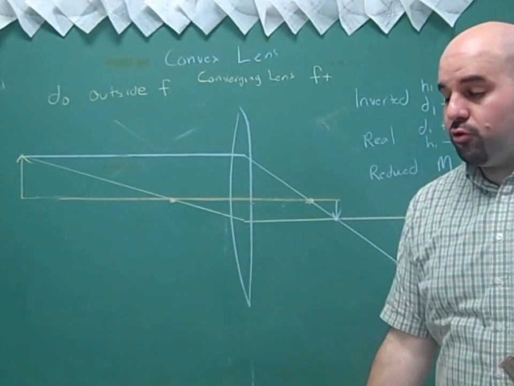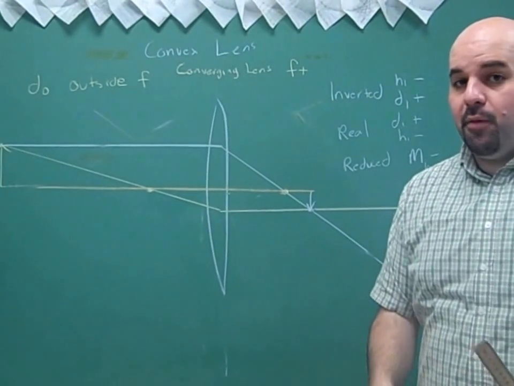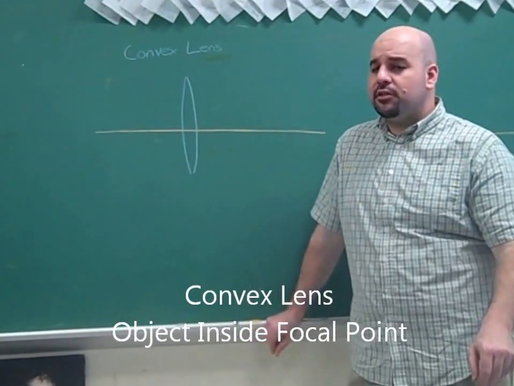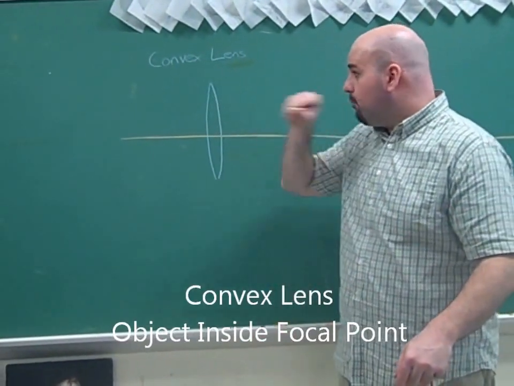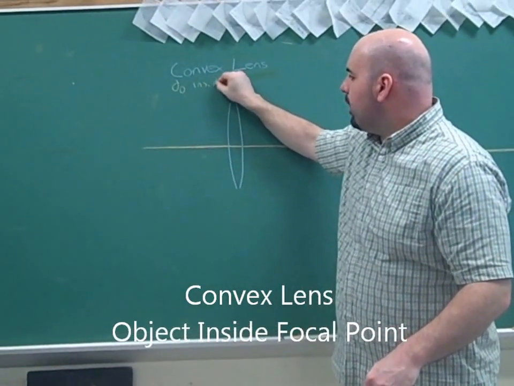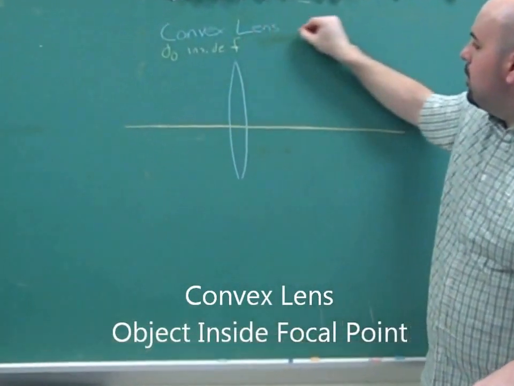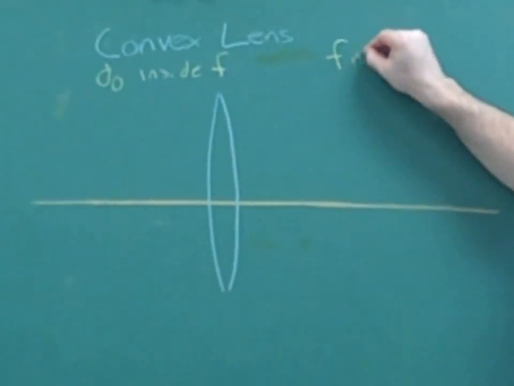Inside the focal length, we'll draw the picture. You're going to get a virtual image. All right, superstars. And here we have a convex lens. But this time we're going to put the object, or DO, inside the focal length. This is still a converging lens, so F is positive.